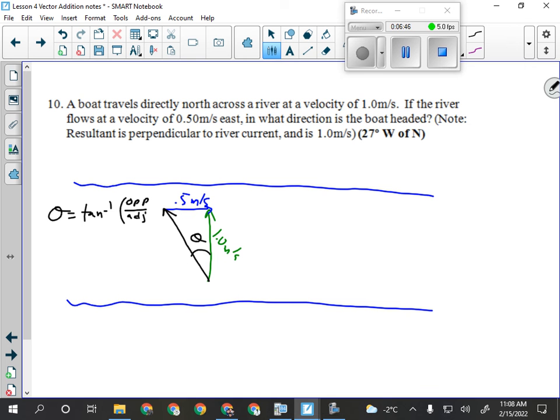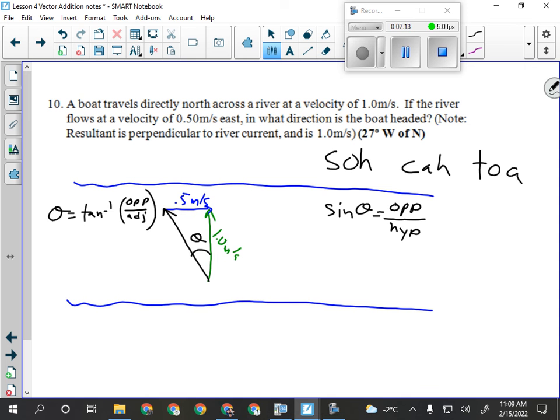over the adjacent side. Now just in case there's still some people struggling with the whole SOH CAH TOA thing, remember how this works. When we're using these simple trigonometric ratios, the sine of theta equals the opposite side divided by the hypotenuse.